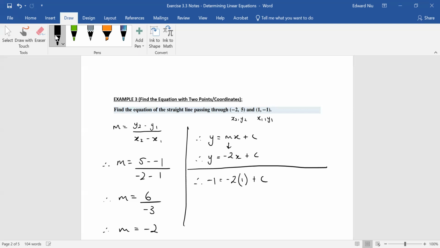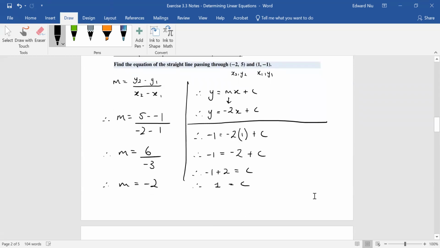If we do linear equations and get c by itself, we can actually get our c or y-intercept value. So here what we have is -1 equals -2 plus c. So therefore, if we were to take plus 2 on both sides, we would have c by itself. So -1 plus 2 would equal c. So therefore, 1 equals c.